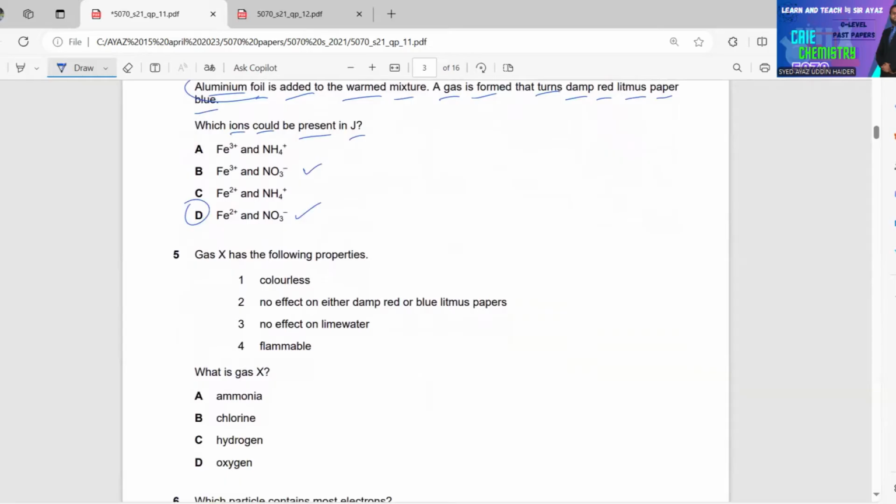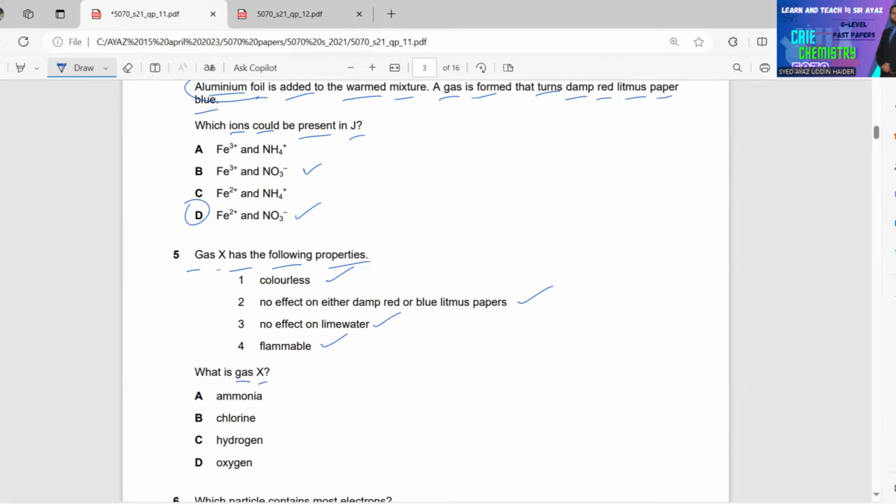Number 5. Gas X has the following properties. Number 1, colorless. Number 2, no effect on either damp red or blue litmus papers. 3, no effect on lime water. 4, flammable. What is gas X? Now, it's a colorless gas, but it does not have any effect on damp red or blue litmus paper.